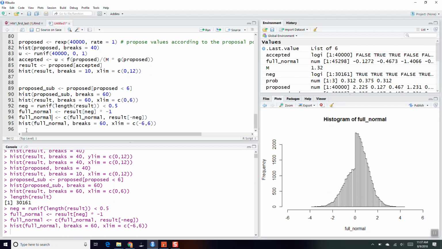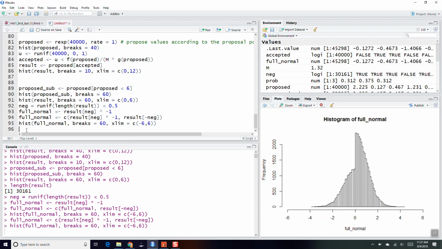Oh wait, something did not end up quite right, did there? Okay, I have to subset that. Those that, okay, what am I doing wrong here?